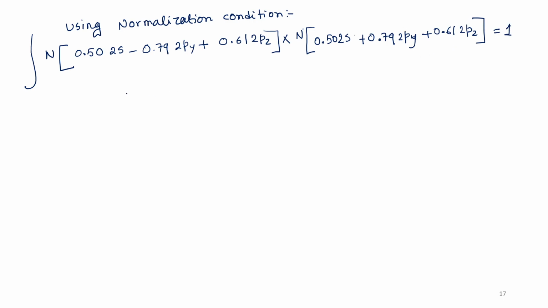Okay, as it is a normalization condition, and multiplying with the volume element also, that would lead to again the similar setup, that n square is there, now multiplied by 0.50 square 2s, and the cross terms are eventually going to be 0, as you can understand.